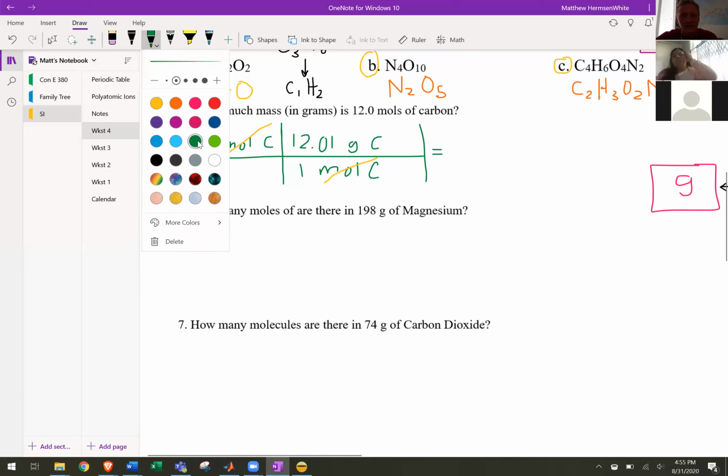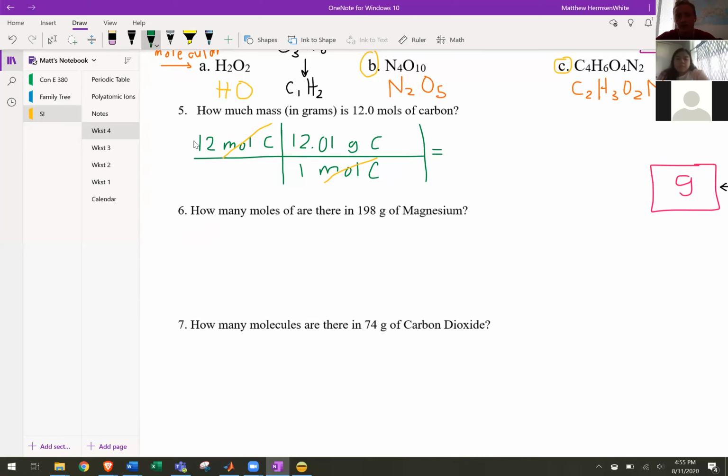Now to do this calculation, you multiply the numbers on the top and divide the numbers on the bottom. So that would be 12 times 12 divided by 1. And I recommend you try to do this in your own calculator. I know this one's kind of easy, 12 times 12, but they'll get increasingly more complex. So that comes out to be 144 grams of carbon.